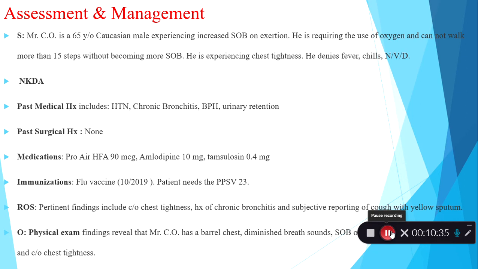His medications include ProAir 90 micrograms, amlodipine 10 milligrams daily, and Flomax or tamsulosin 0.4 milligrams daily to assist him with his urinary retention. Mr. CO did express that he received his flu vaccine last year in October, but has not received the pneumonia vaccine.